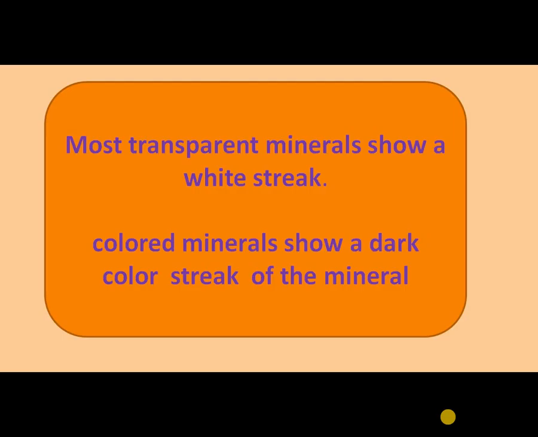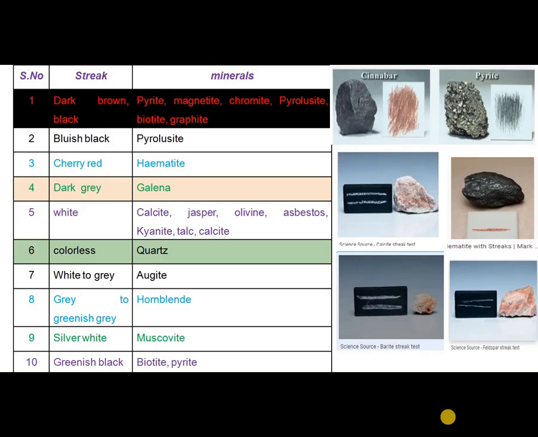Most transparent minerals show white streak. Colored minerals show dark color streak. This is to be kept in mind very clearly. Transparent minerals show white streak, whereas colored minerals show a dark color streak.